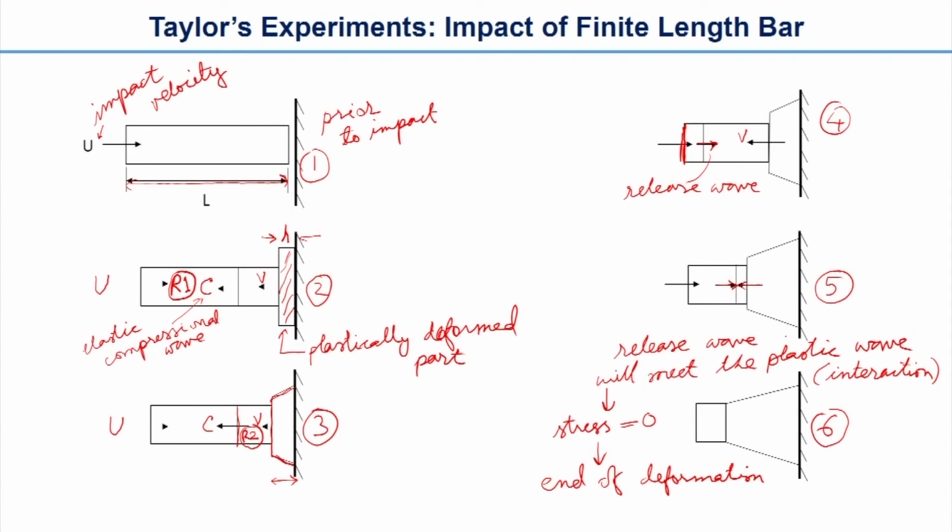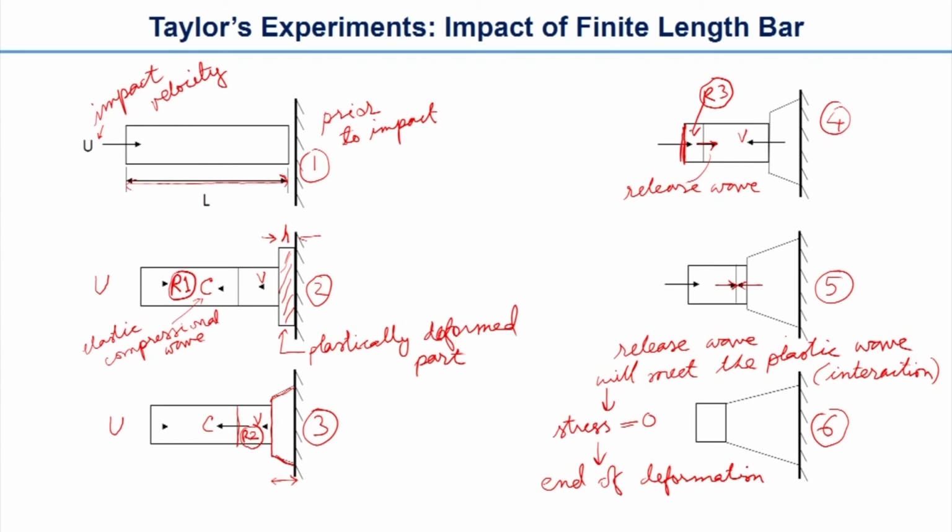And then the third region is, let's assume, after the release wave reflects back from the back surface. So let's assume this is R3, region 3, towards the back surface. This is the region near the back surface when the elastic wave is already reflected back from the back surface.